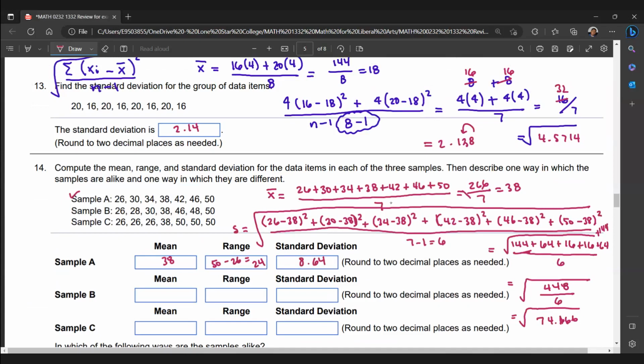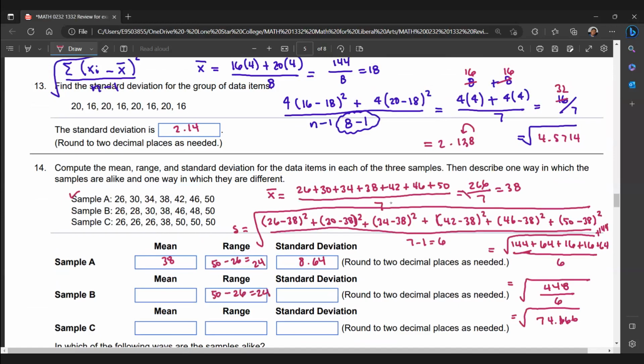Okay. So first, I'm going to write these numbers down on a piece of paper. 26, 28, 30, 38, 46, 48, 50. The range will be 50 minus 26, which is also again equal to 24.